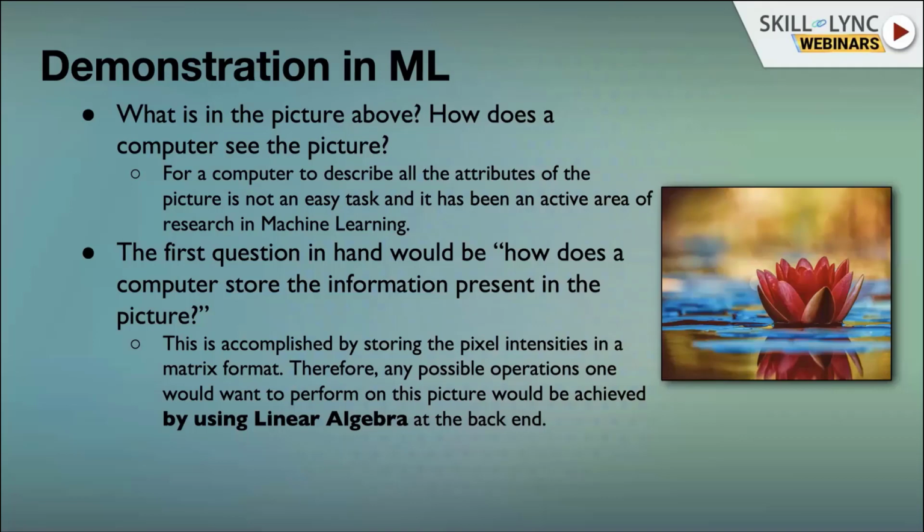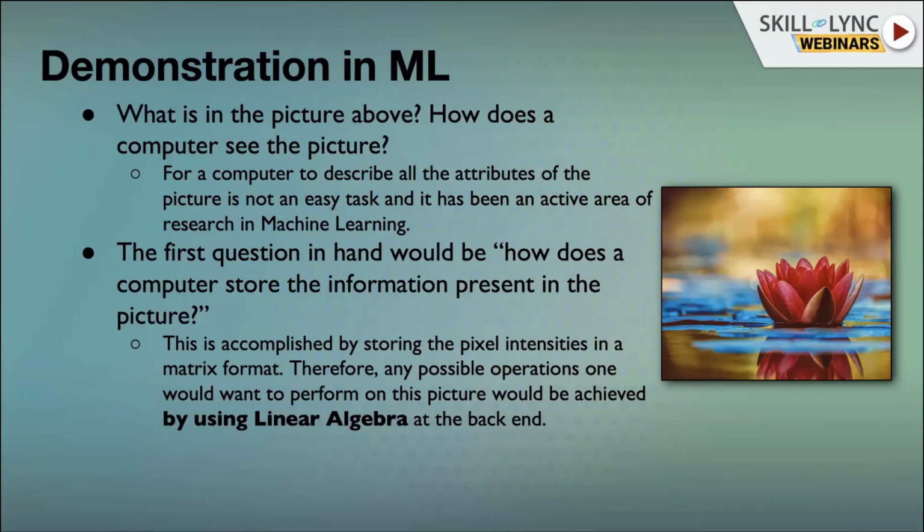But what happens if a computer is asked the same question? How does a computer see this picture? As you know, computers are not human brains. Computers do not comprehend things in the same way a human being does.